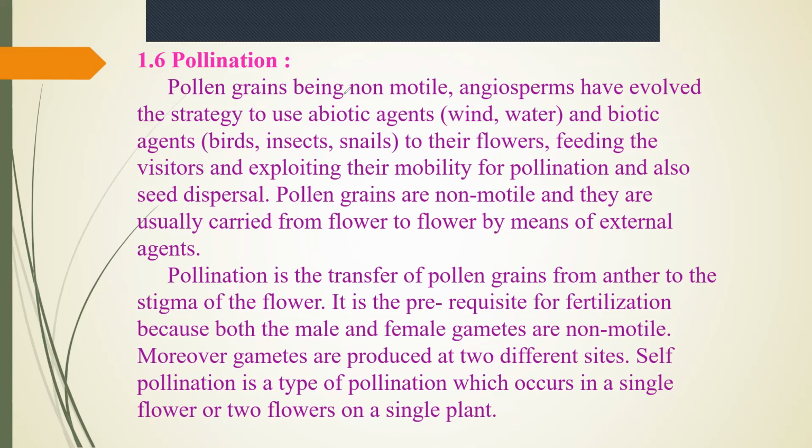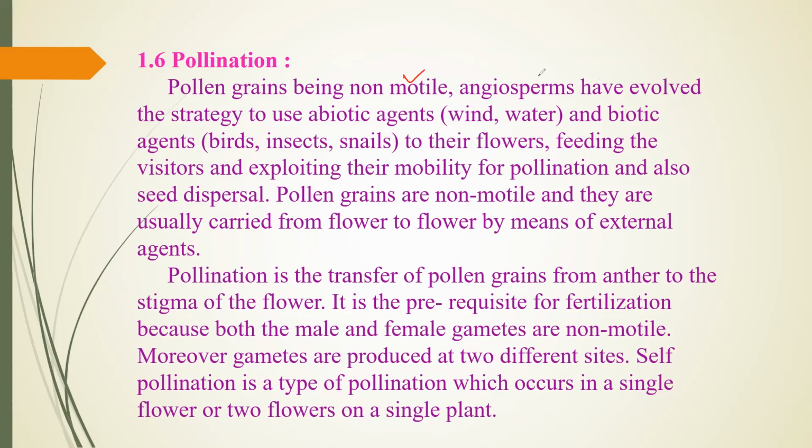So pollen grains being non-motile, angiosperms have evolved strategies to use abiotic agents like wind and water, and biotic agents like birds, insects, and snails to carry out pollination, because pollen grains are non-motile and do not have the ability to travel.